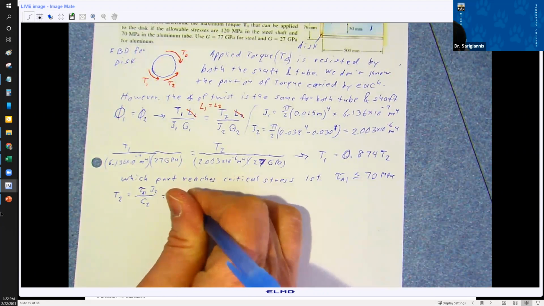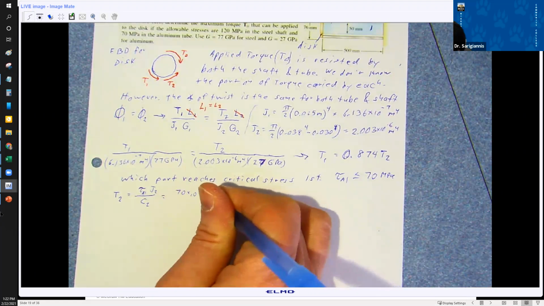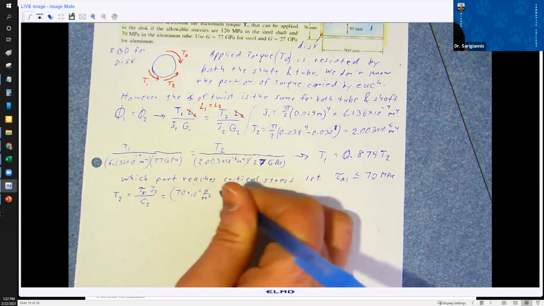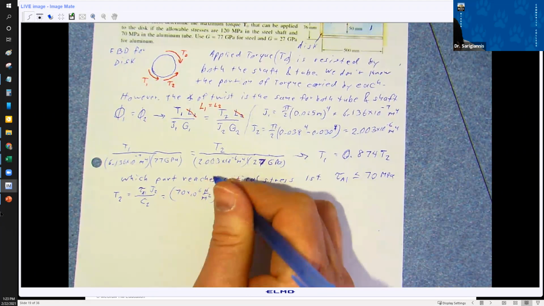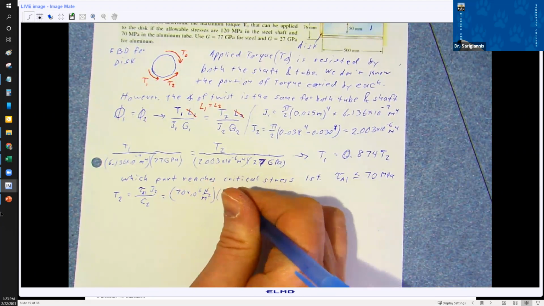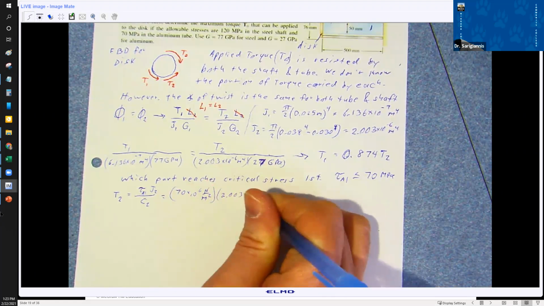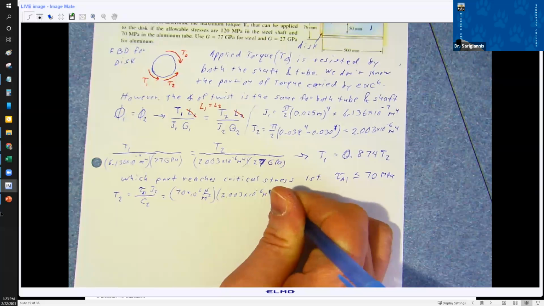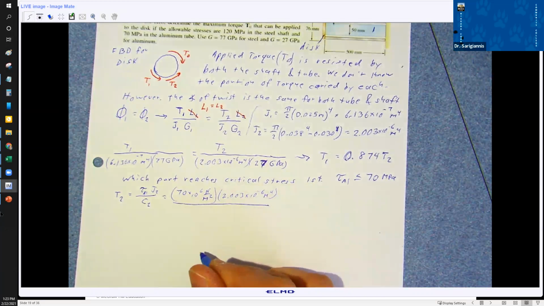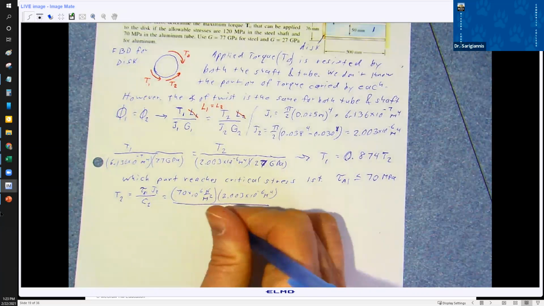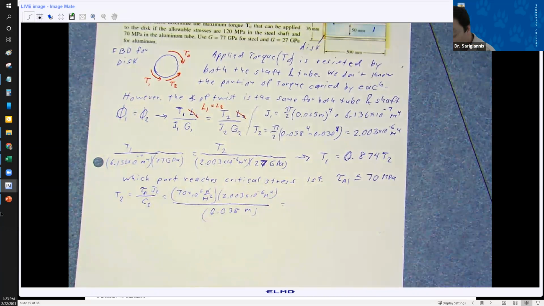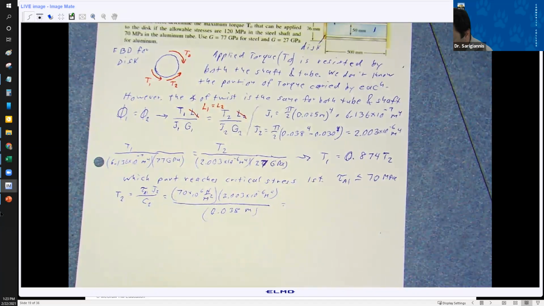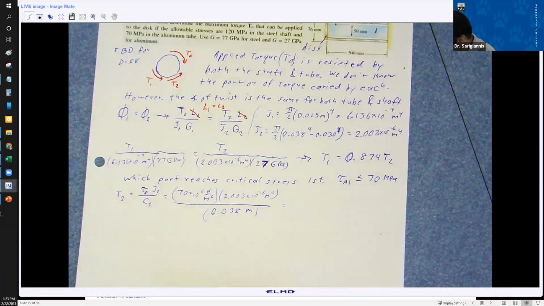So that is 70 times 10 to the 6th newtons per meter squared. Remember, I had the polar moments of inertia in meters, so I'm going to work in meters here. I've got 2.003 times 10 to the minus 6th meters to the 4th, and a radius of 0.038 meters. Sometimes you have to choose your battles with the units.